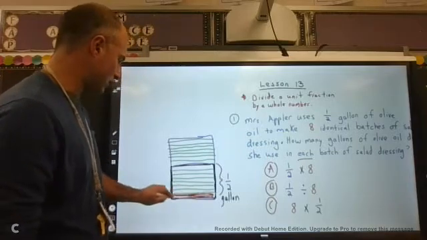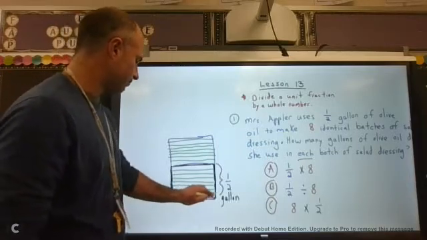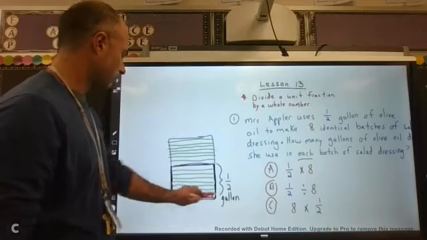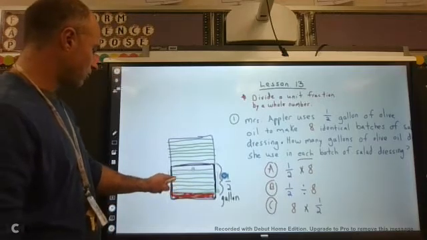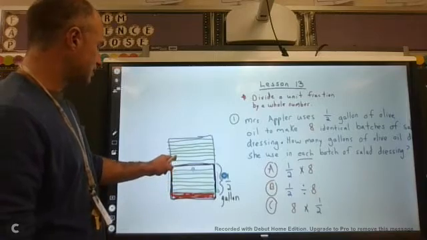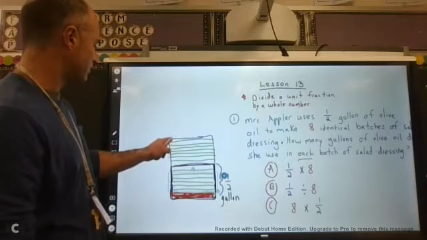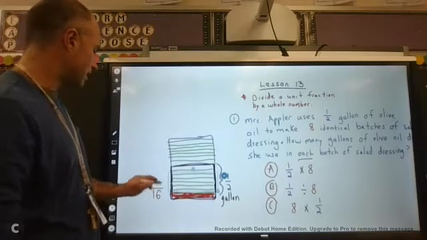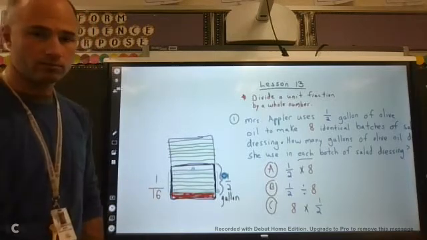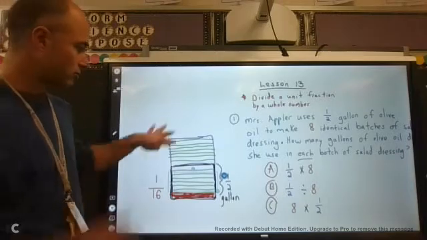Just for one batch, how much is being used? Okay. Well, look at how many you have altogether. I have 1, 2, 3, 4, 5, 6, 7, 8, 9, 10, 11, 12, 13, 14, 15, 16 parts. So 1/16 would be the answer here. That's through looking at your drawing.